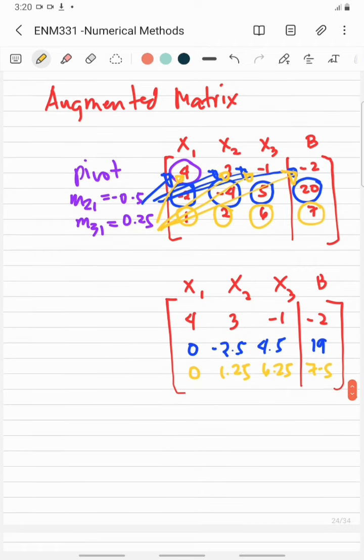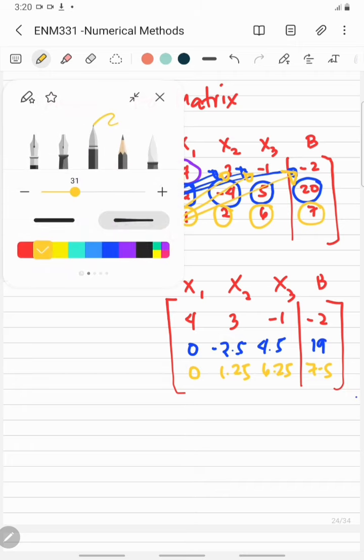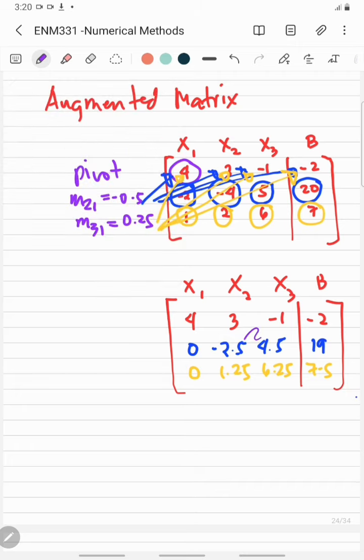So next, the pivot for the second row is negative 2.5. So we have here to eliminate x2. So we have here our multiplier. This is the third row and the column is the second column for row 2.